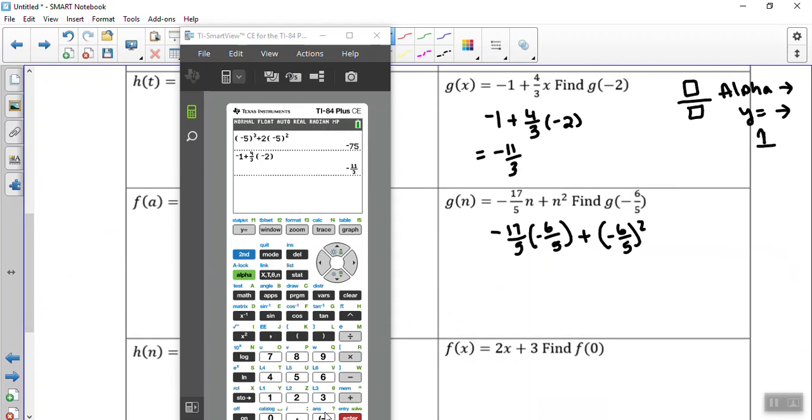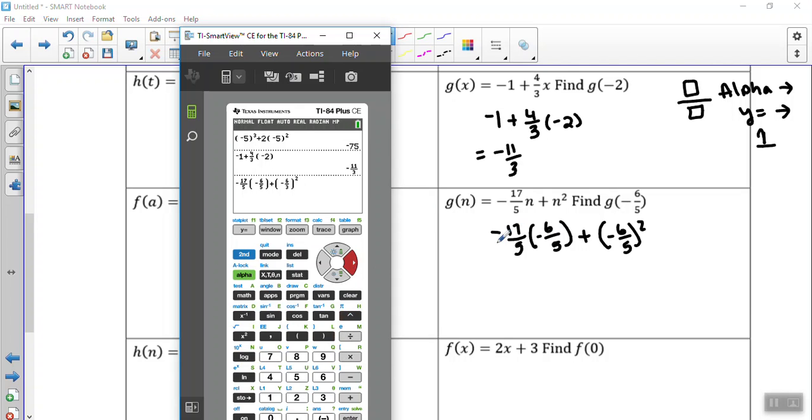It's gonna be a little painful, but that's okay, we can do it. Negative alpha y equals 1, 17 over 5, parentheses, negative alpha y equals 1, 6 over 5, close parentheses, plus parentheses, negative alpha y equals 1, 6 over 5, and then we're going to hit squared.